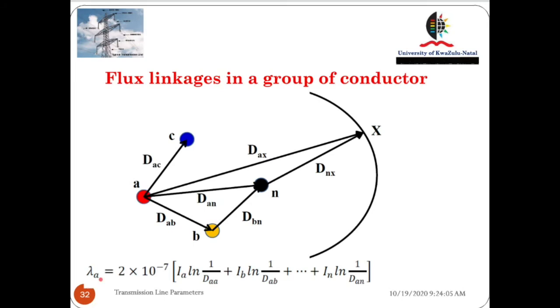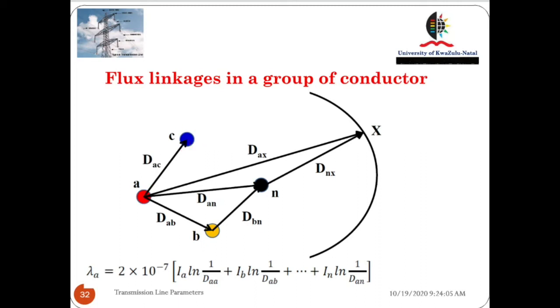We can do the same equation for conductor B. So lambda B is 2 times 10 to the power minus 7, then IB log 1 over DBB, and then DBA, DBC, DBN, and so on. When we are done with conductor B, we will go to conductor C. So it will be lambda C, 2 times 10 to the power minus 7, then IC log 1 over DCC.